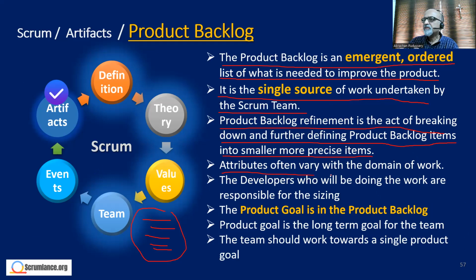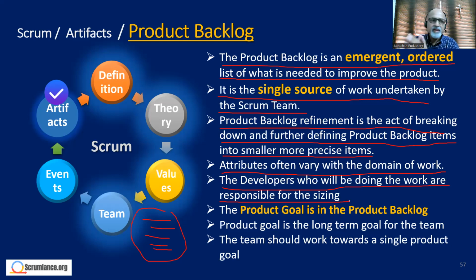Attributes often vary with the domain of work. If you are doing Scrum for a marketing project, then the attributes will be different. If you are doing Scrum for a software development project, then the attributes can be different. It can be function points and stuff like that. The developers who will be doing the work are responsible for sizing.